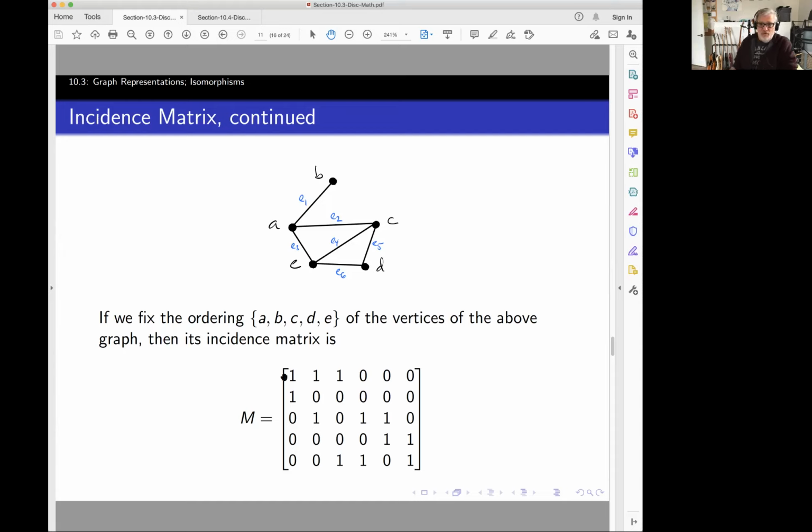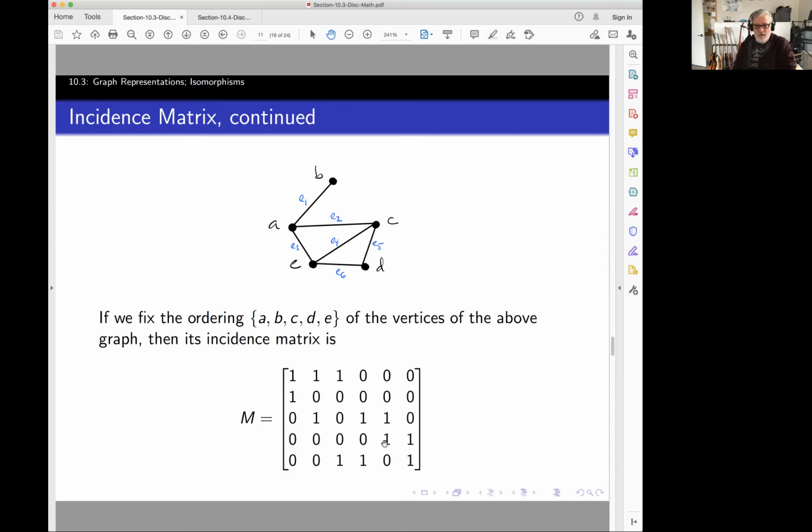And you put a 1 if you have incidence between the edge and the vertex in question. So here, for example, this top one means that edge E1 is incident to A, which it is, right? Notice, and that should be fairly clear, look at the columns.